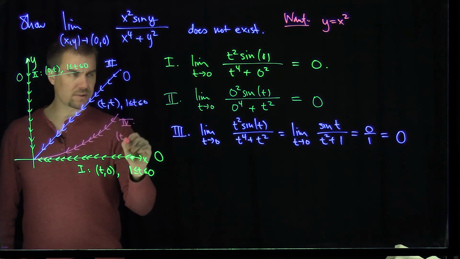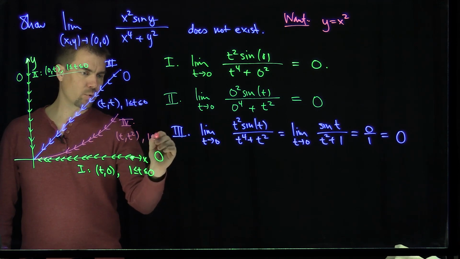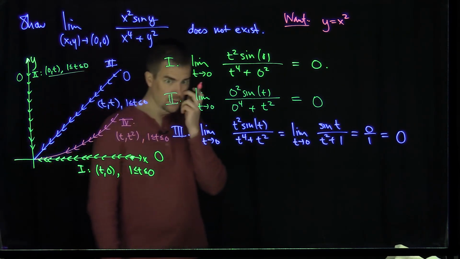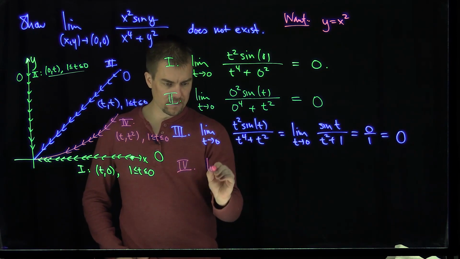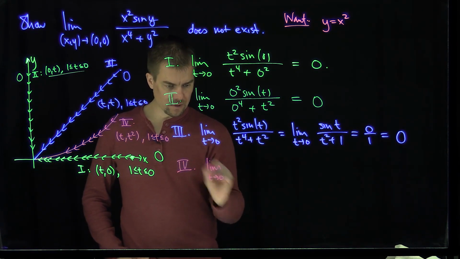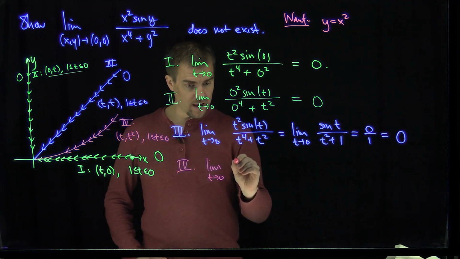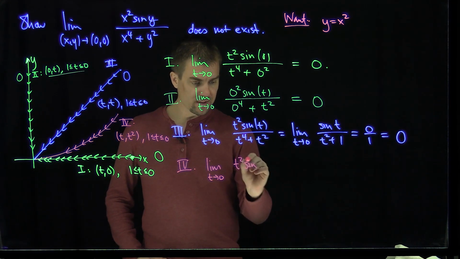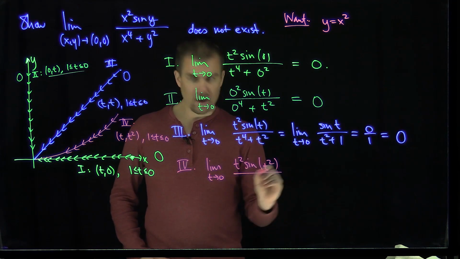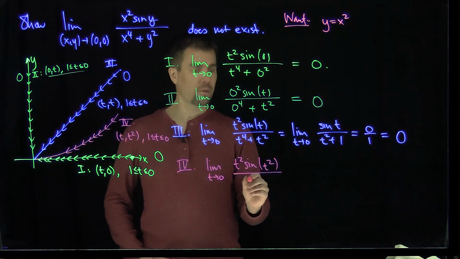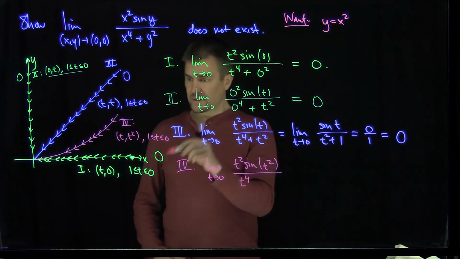This is going to be x equal to t, and if x is t, y is going to be t squared. And we're going to let t go between 1 and 0. So along trajectory number 4, we have the limit as t approaches 0 of, let's see, my x is t, so it's going to be a t squared, then we have a sine of y, but y is really t squared, all divided by t to the fourth, and then I'm going to have a t squared squared.